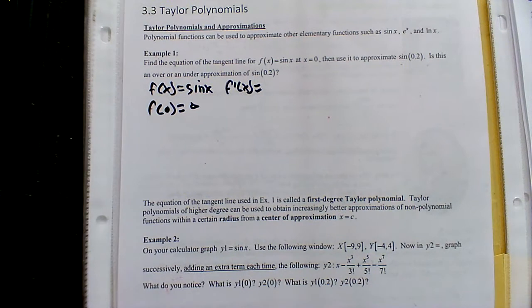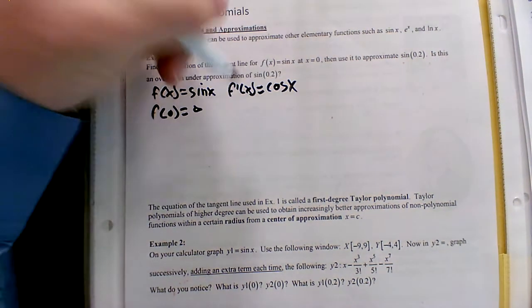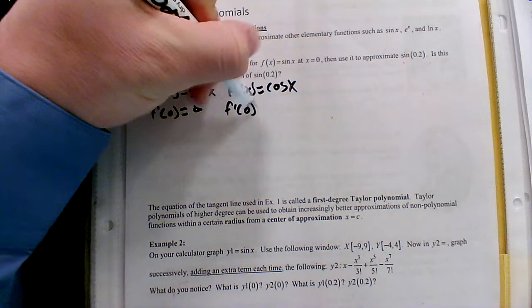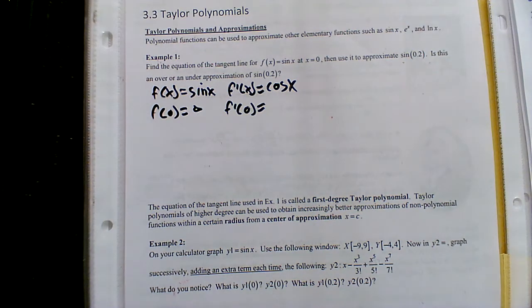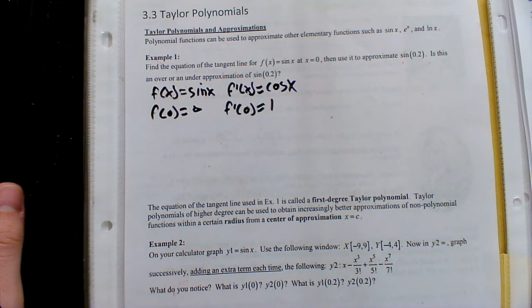Okay, so the derivative of sine is cosine. Cosine x. If we evaluate at 0, it is 1. So we have a point and we have a slope. What is our equation if we have the point and the slope?